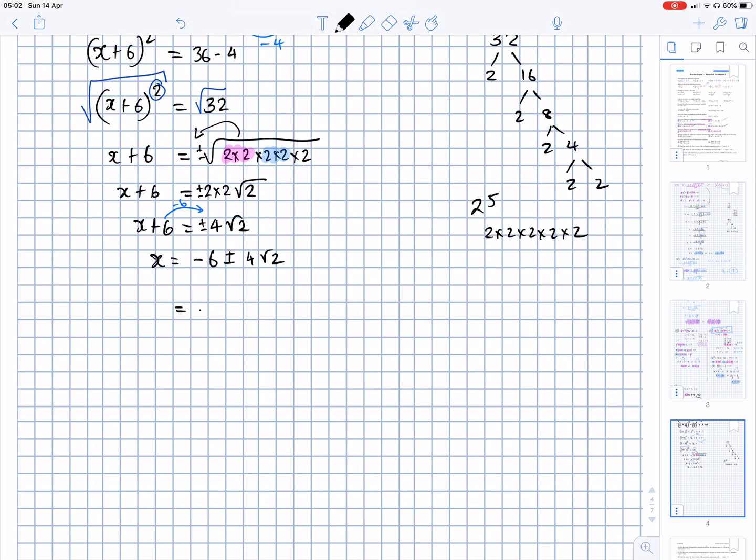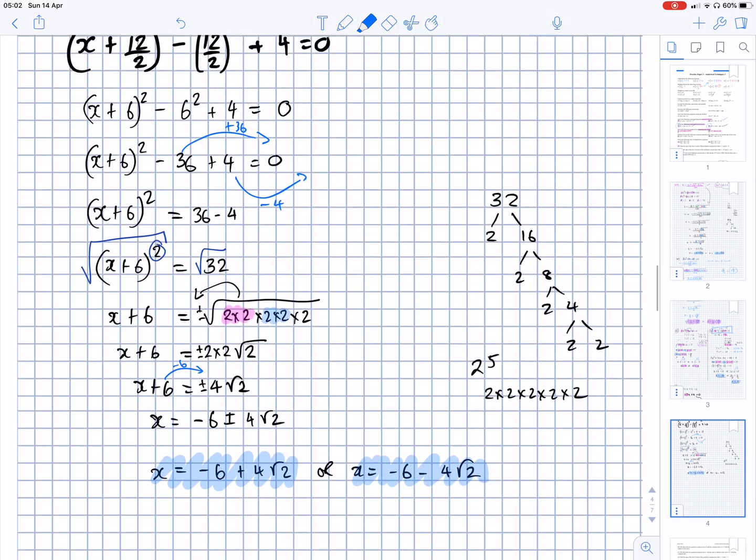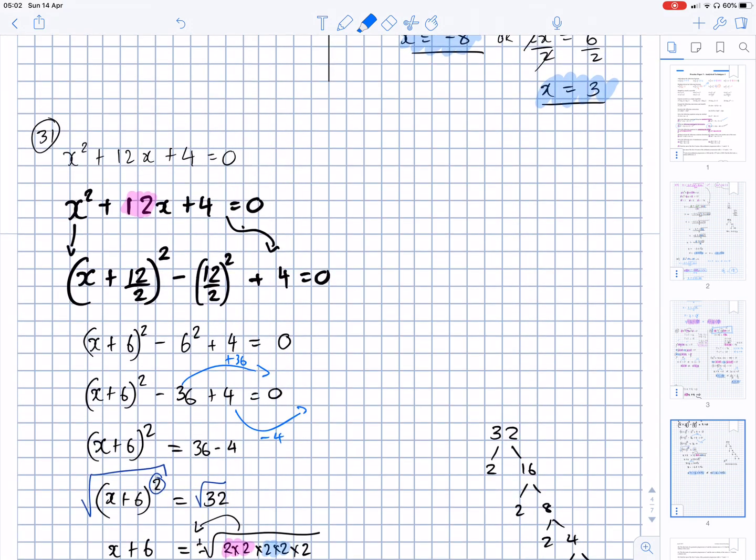So x is minus 6 plus 4 root 2, or x equals minus 6 minus 4 root 2. So these are the two values of x for the equation x squared plus 12x plus 4 by completing the square.